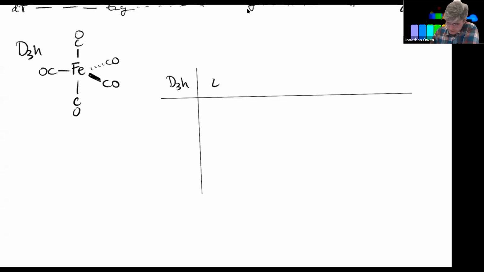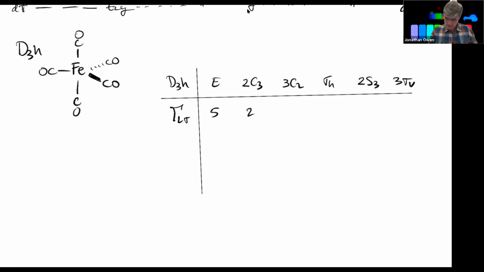So the operations are E, 2C3, 3C2, sigma h, 2S3, and 3 sigma v. And the 5 ligand sigma for this guy turns out to be 5, 2, 1, 3, 0, 3.